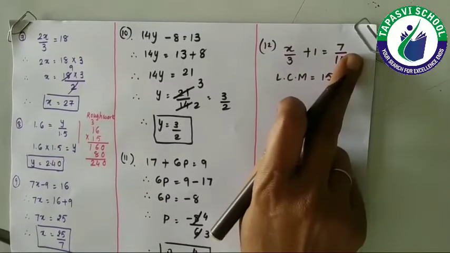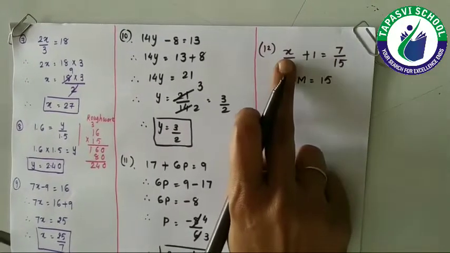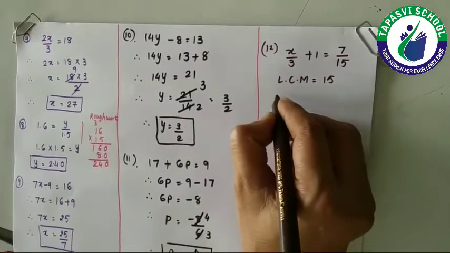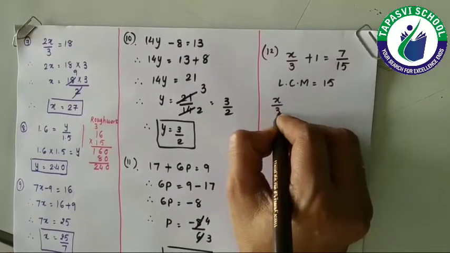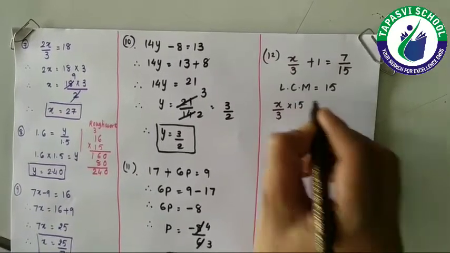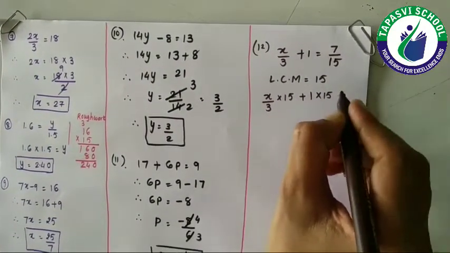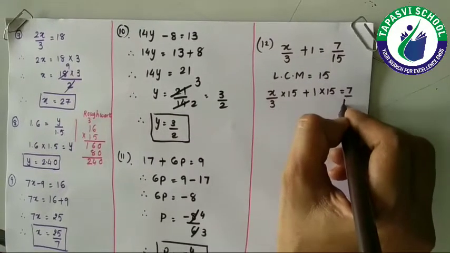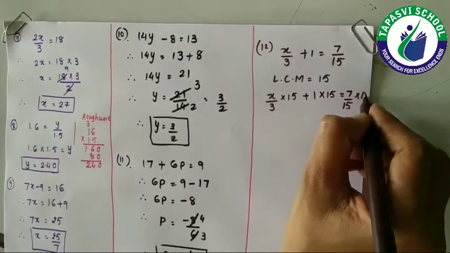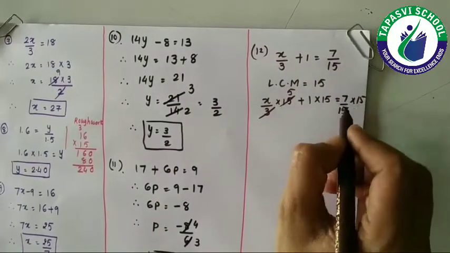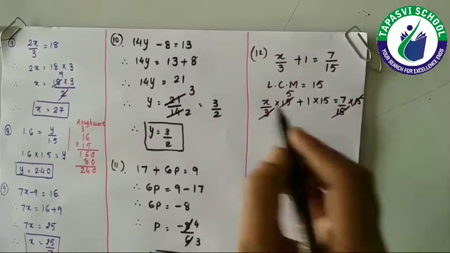Now as we discussed earlier, multiply all the terms by LCM. x upon 3 multiplied by 15 plus 1 multiplied by 15 is equal to 7 upon 15 multiplied by 15. Here 3 5s are 15. Here 15 cancel.